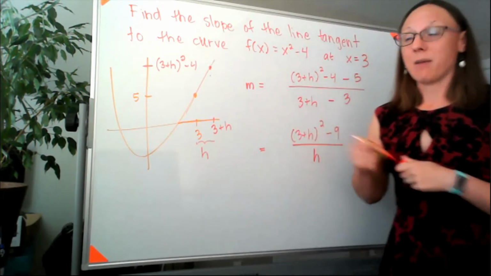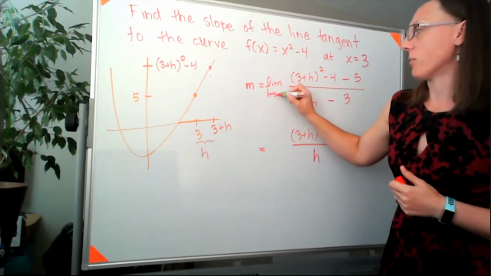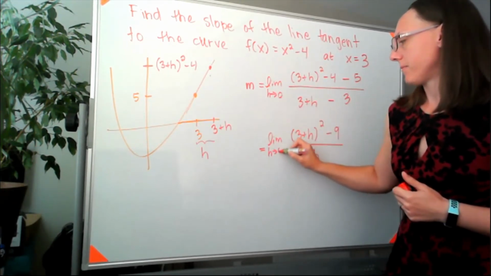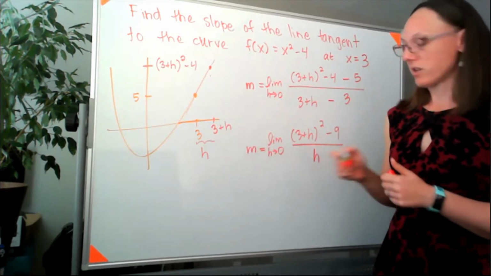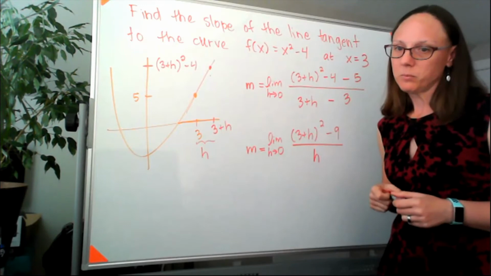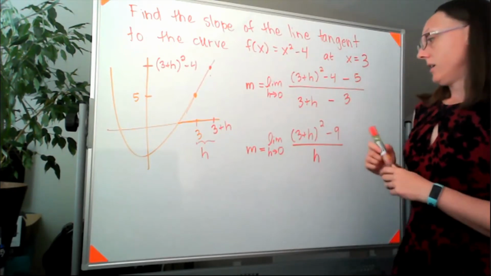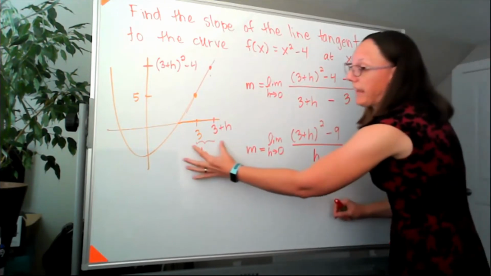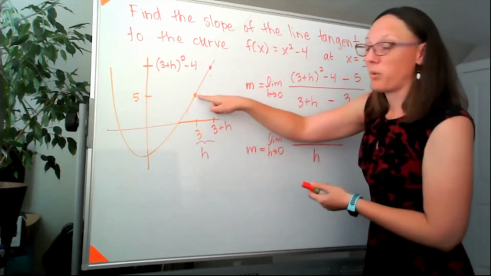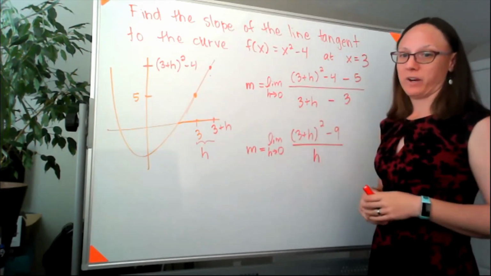And the way we write that mathematically is to take the limit as h approaches 0. So our slope here is going to come from taking this limit. So h is going to 0. We're going to be squeezing in on this point (3, 5), but our slope is coming from evaluating this limit.